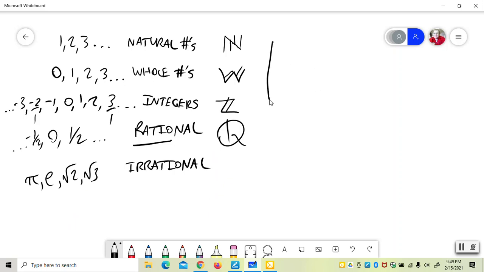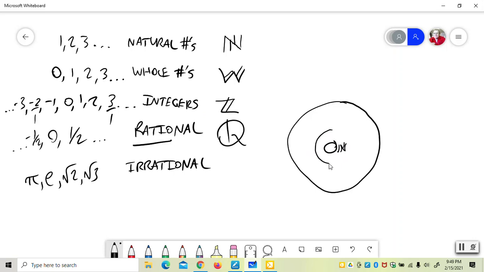So you've got your natural numbers, which is the set that is the smallest level of containment. Then they're inside the wholes, because wholes contain them.